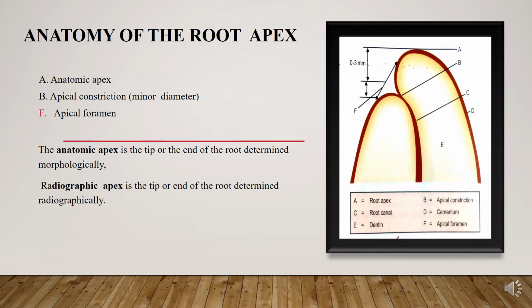All the root canal contents, that is the pulp tissue, are restricted up to point B, the apical constriction or minor diameter. Anything beyond point B is the periodontal ligament. So we need to restrict our cleaning, shaping and obturation up to point B. Our main goal during working length determination is to measure from the reference point to point B.